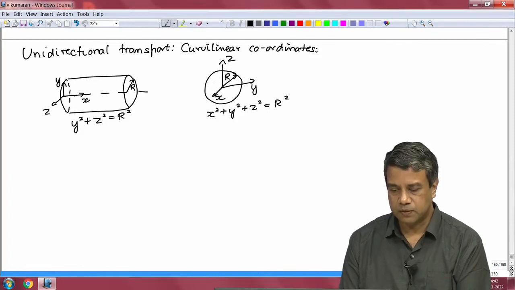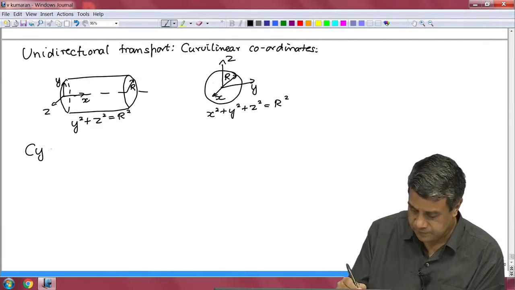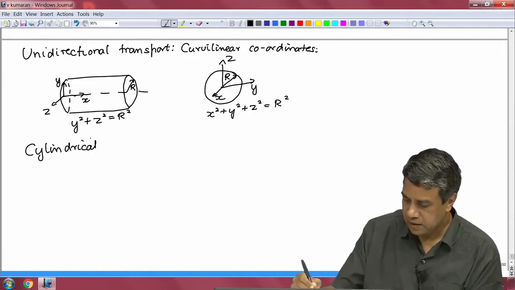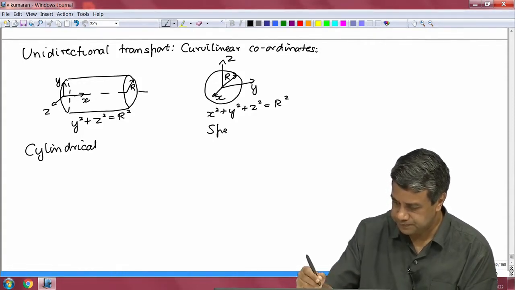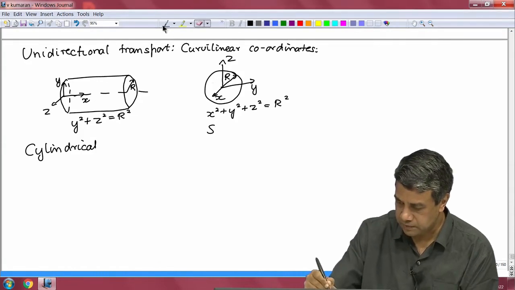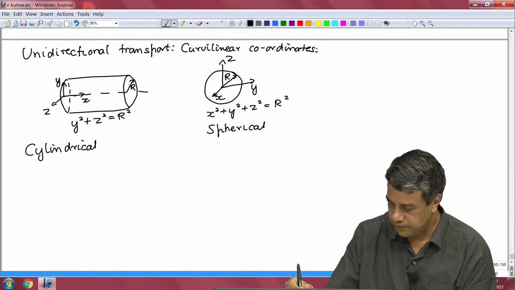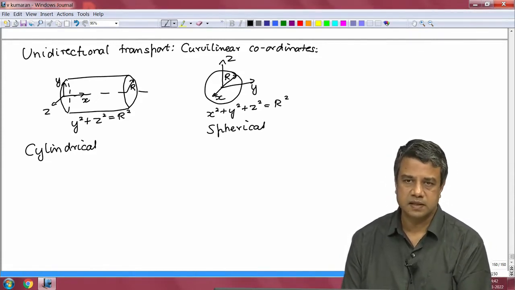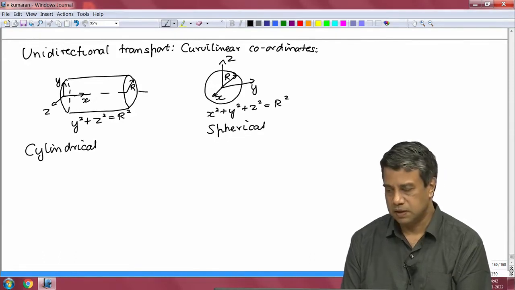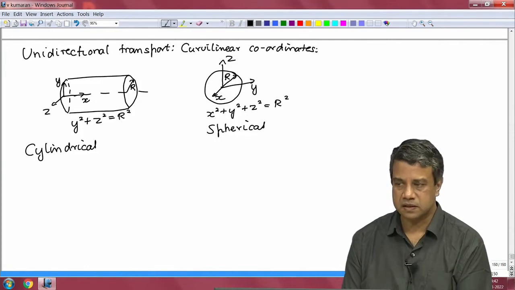For a pipe, what is used is what is called a cylindrical coordinate system, whereas around a sphere, it is called a spherical coordinate system. In a cylindrical coordinate system, the distance from the axis is one coordinate. And for a spherical coordinate system, the distance from the origin, from the center, is one coordinate.